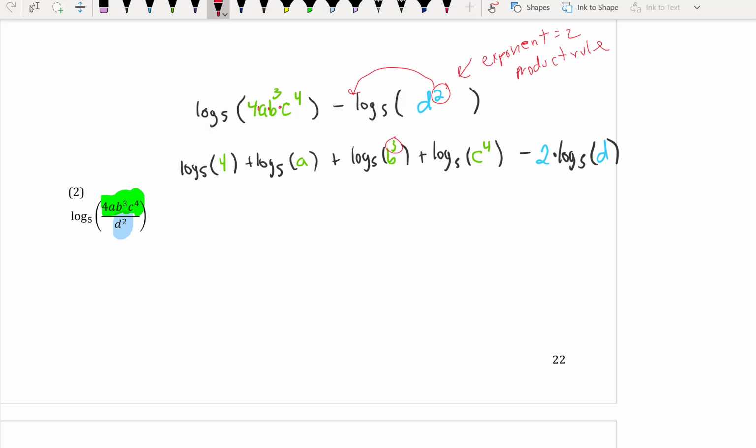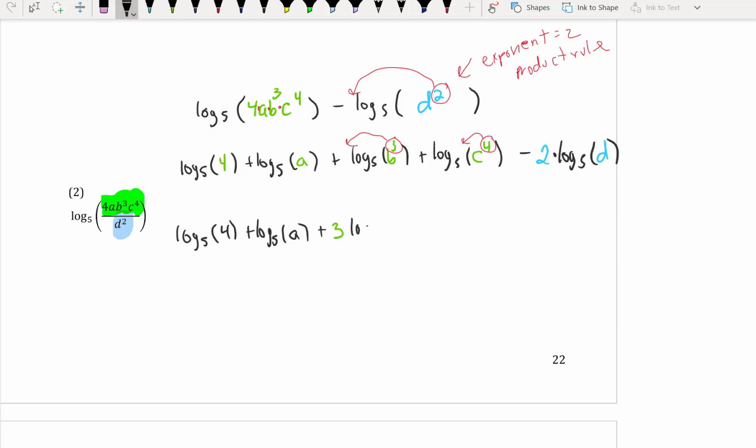And I also have the exponent rule here and here. So now I'm going to have log base 5 of 4 plus log base 5 of a plus log base 5, oops, and I forgot to put that 3 out in front.